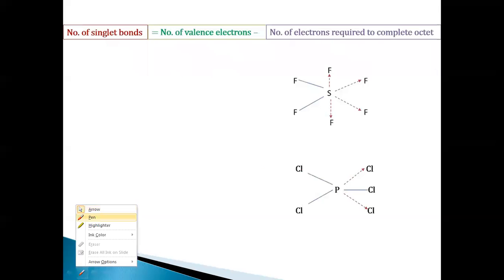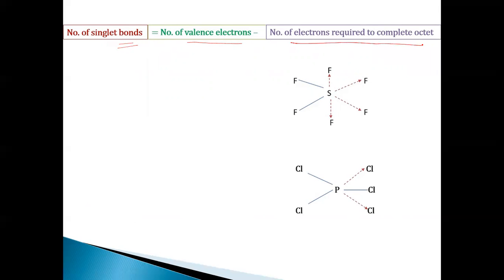Now the number of singlet linkages an atom can form can be calculated by means of a simple formula. He said that the number of singlet bonds is equal to the number of valence electrons minus the number of electrons required to complete the octet.